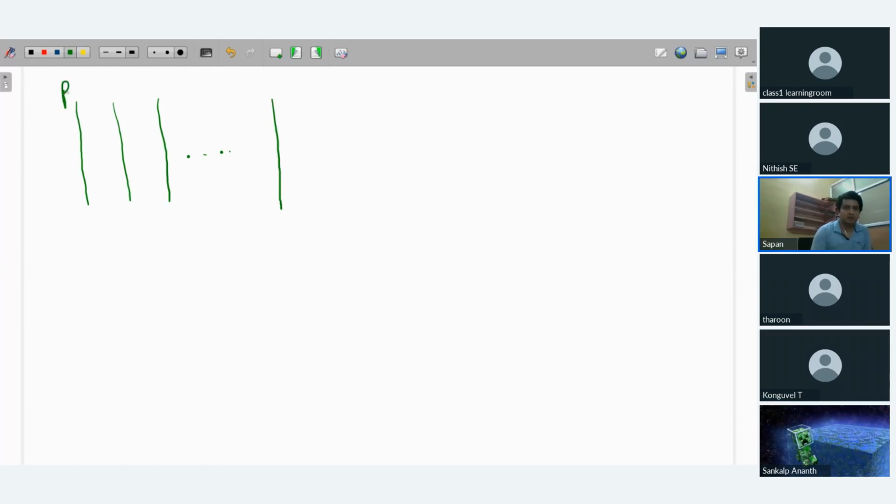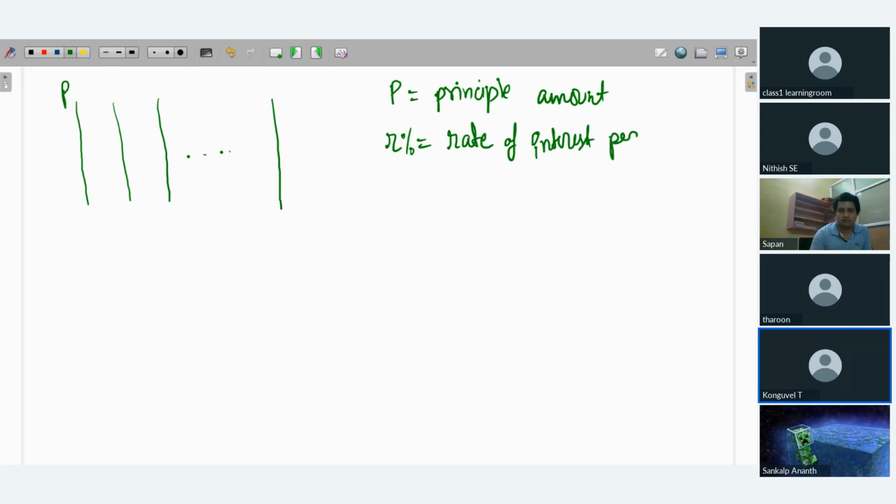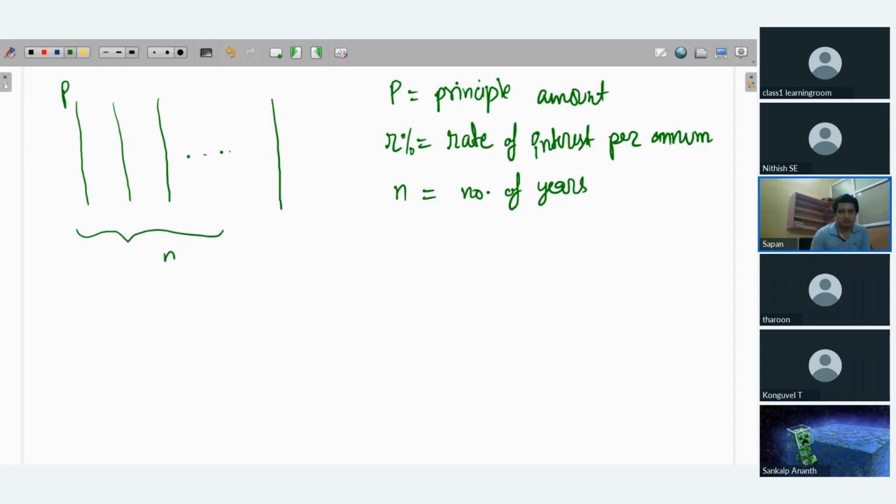I have a principal amount P, and I have R percentage, which is the rate of interest per annum, and I have N as the number of years, the time period.